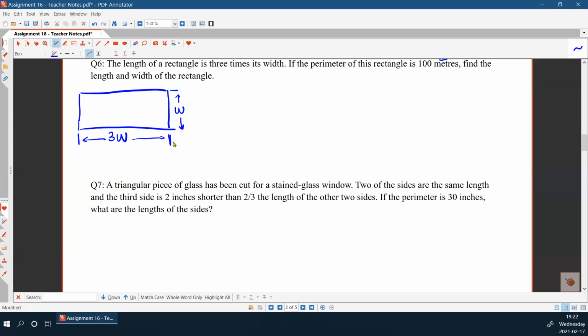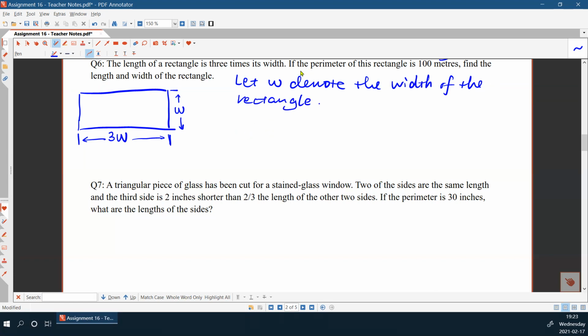My suggestion is, if you are in an exam, it's better to make it clear what the W is. So let's write this sentence: Let W denote the width of the rectangle.